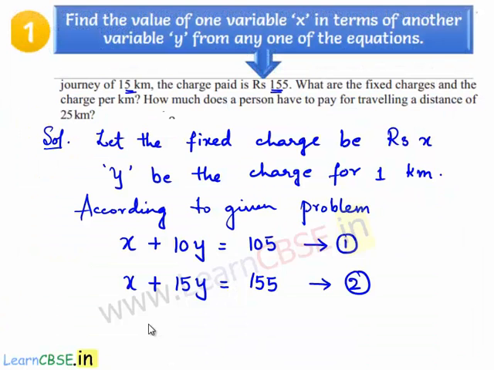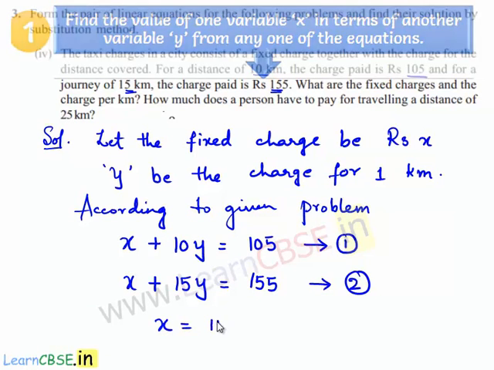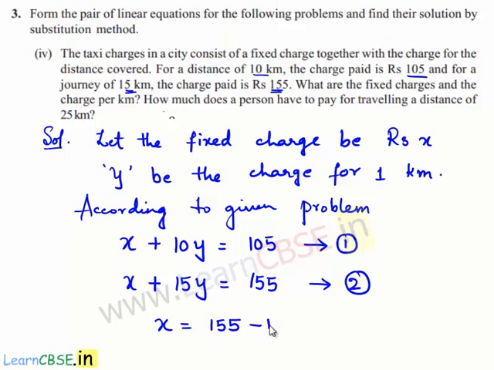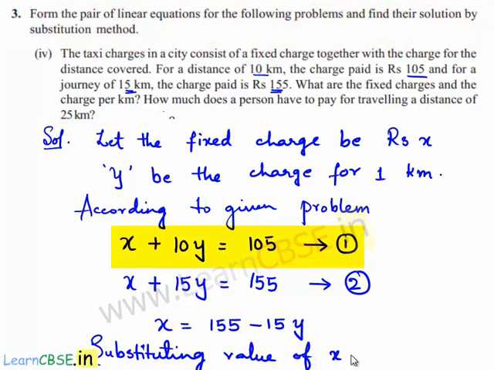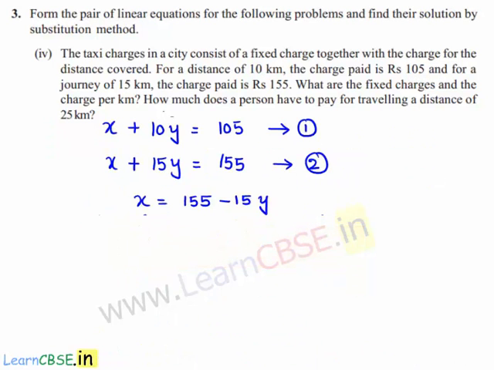So second equation can be written as X is equal to 155 minus 15Y. So substituting the value of X in equation number 1, we get 155 minus 15y plus 10y is equal to 105.